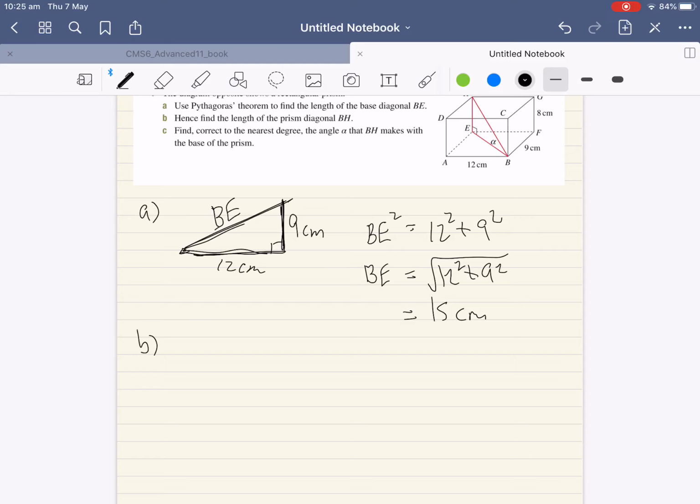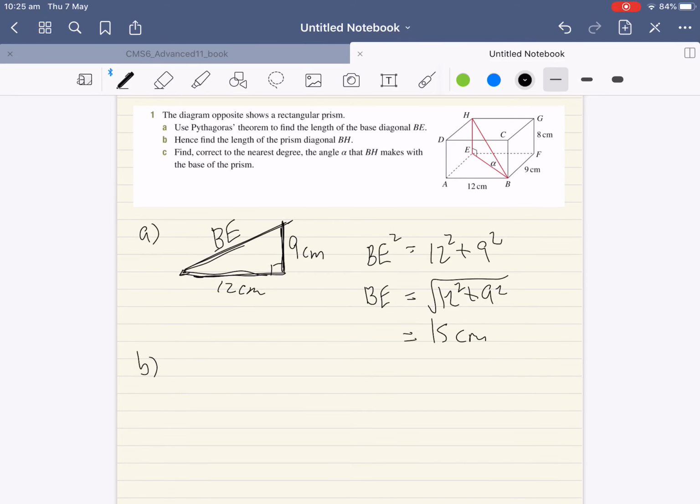So hence find the length of the prism diagonal BH. Okay, so now we're looking at the red triangle. We know BE, the side across the bottom, we just found that's 15 centimeters. And we also know HE, this side here, that's 8 centimeters, right? See how it's written over there. So the height is 8 centimeters.